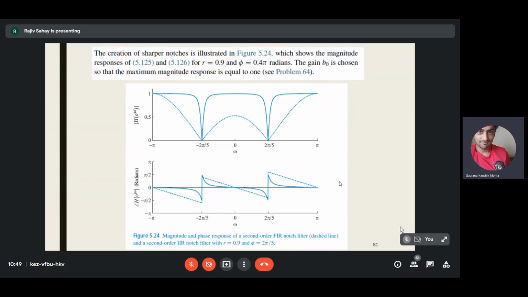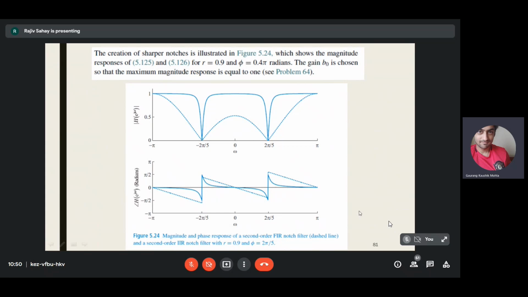So we have these plots. You see again the magnitude response is an even function of frequency and the phase response is an odd function of frequency.